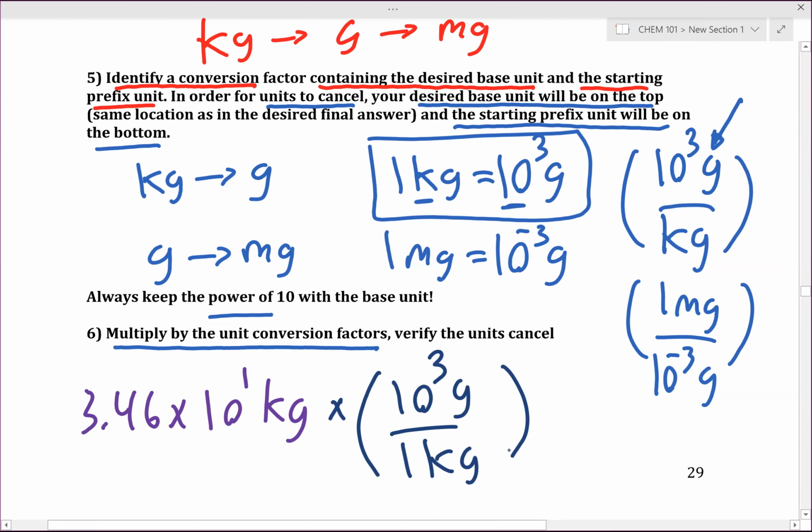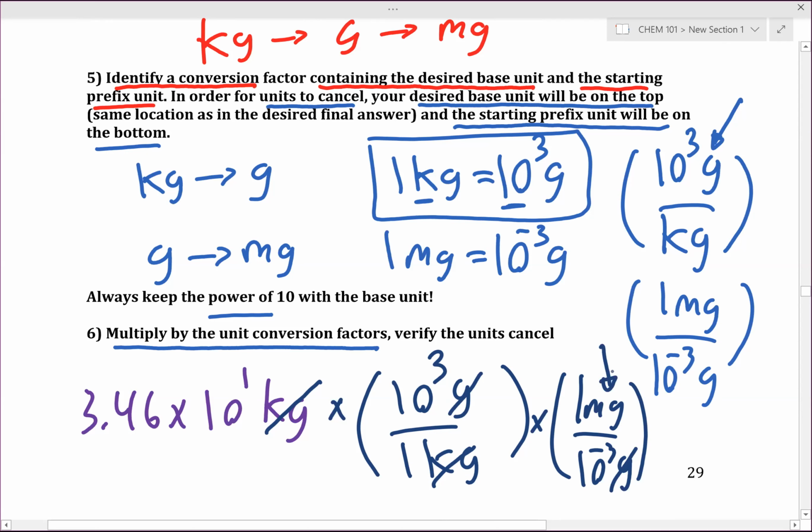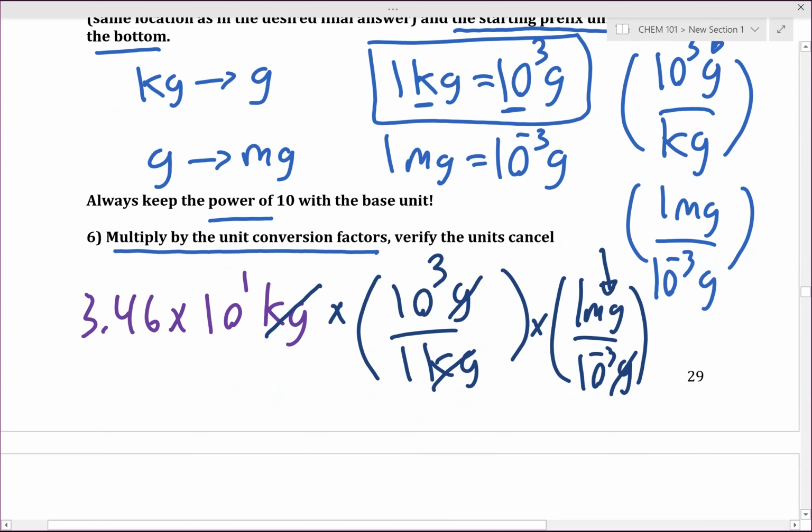And as we notice, do kilograms cancel? Yes. Okay, and for our next step, we have 1 milligram over 10 to the negative third gram. Do grams cancel? Yes. What final units are we left with? Milligrams. Okay, perfect.